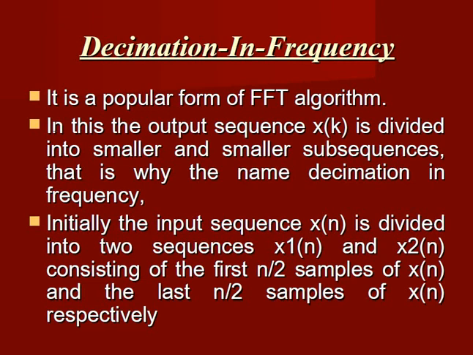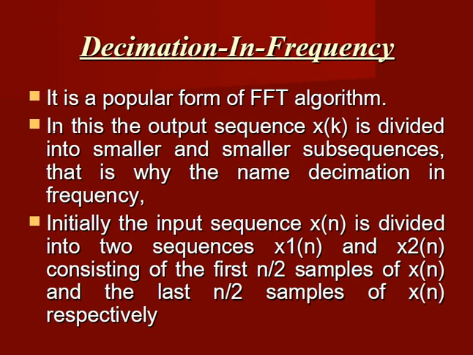But in decimation in frequency, initially it is split into frequency divisions. In DIT, we are not initially dividing it into two frequency divisions. In case of decimation in time, we go from minimized order to higher order.